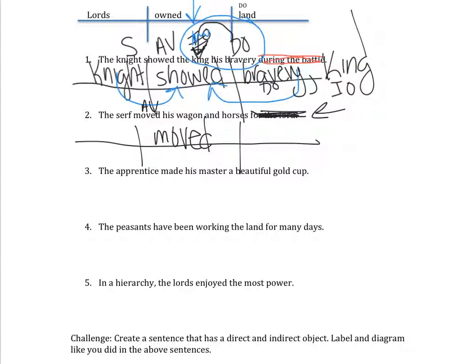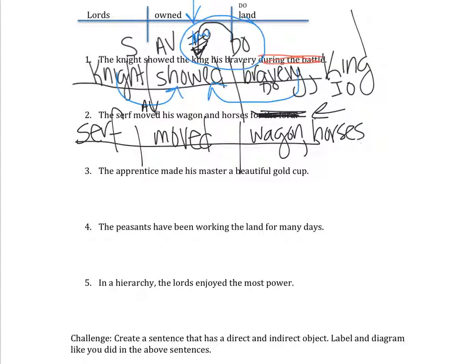Who or what moved? The serf moved. Serf is the subject. So the serf did the moving, but the question now is for the direct object, if there is one, what did the serf move? What got moved? Oh, he moved his wagon and he moved his horses.